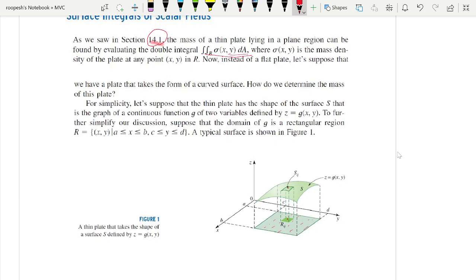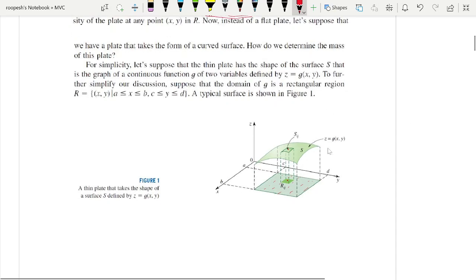If your partition is of m n pieces, then as m and n tend to infinity, first we get the Riemann sum.